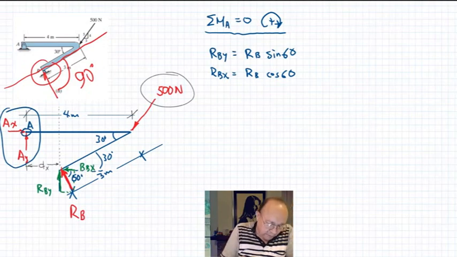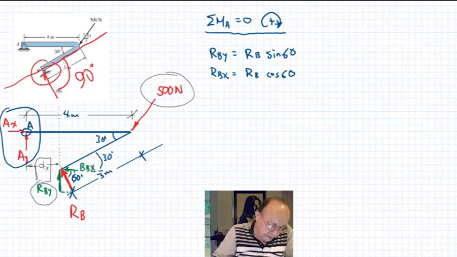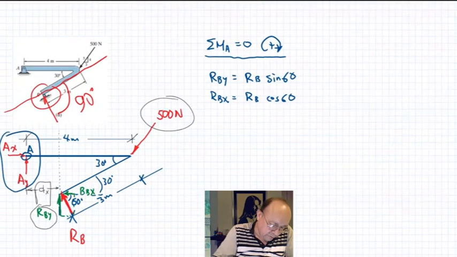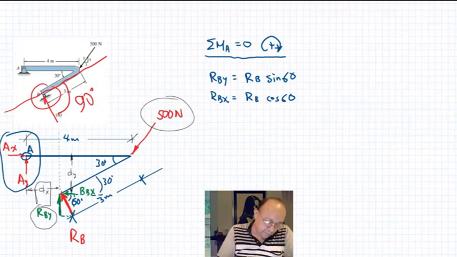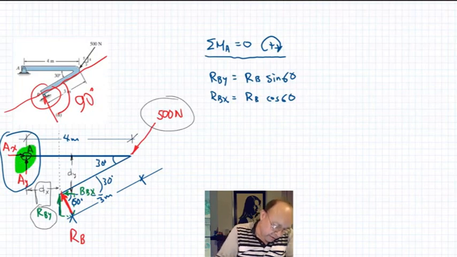So it will be RBY times dx. And the other distance that we need is this one from here to here, Dy. So the summation will be: RBY produces a moment with respect to point A in this direction, all right?